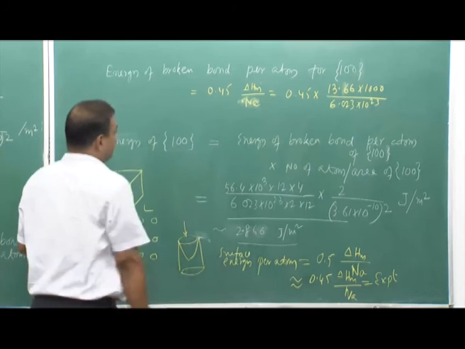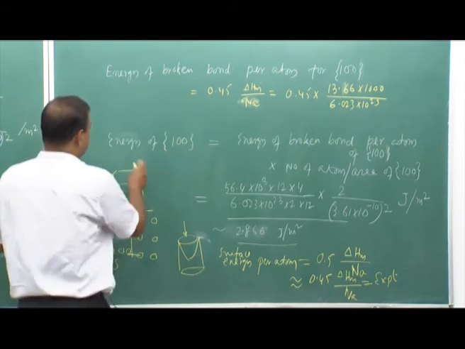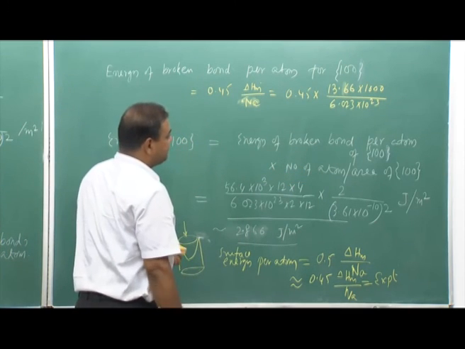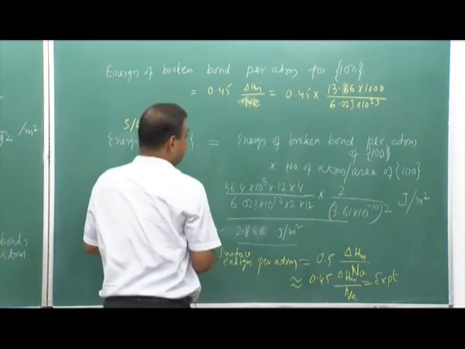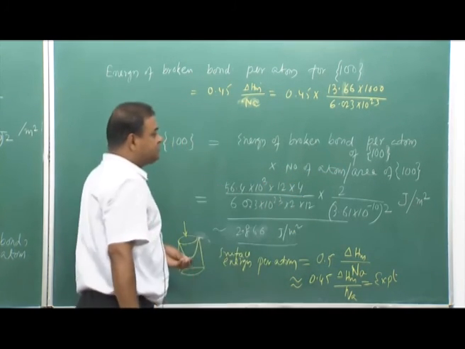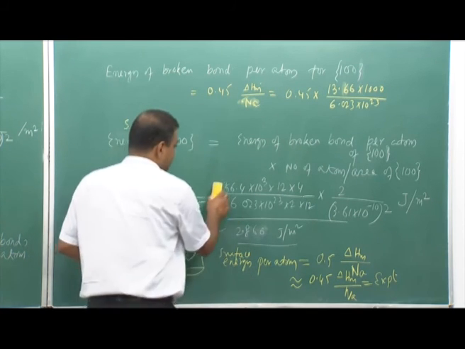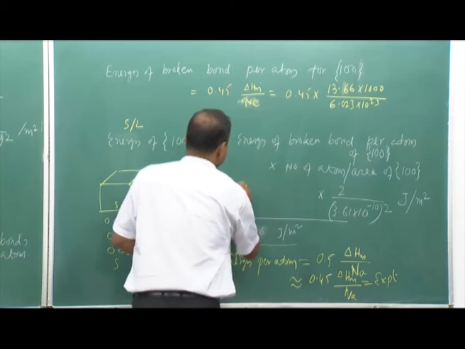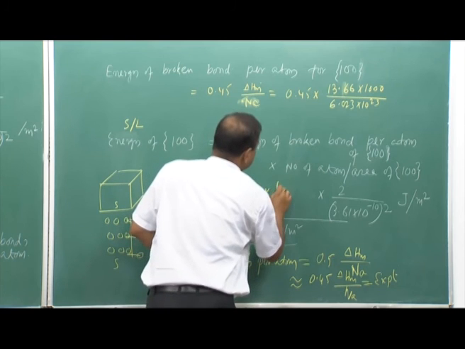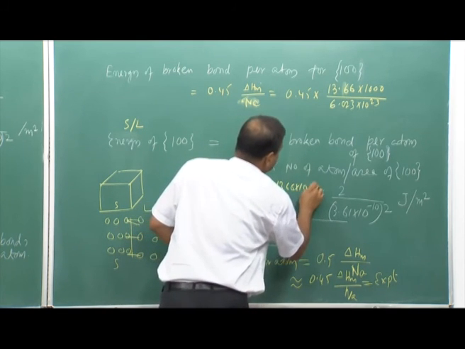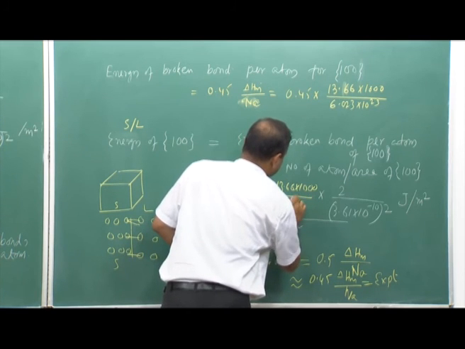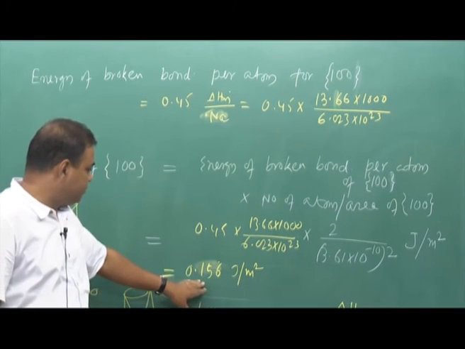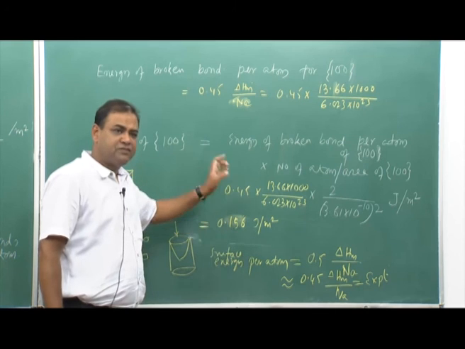So, the energy of the 100 plane, in this solid-liquid case, would be the energy of broken bond per atom times the number of atoms per unit area of the 100 family of planes. This one would remain the same, but only the number of atoms per unit area would change. So, this would be 0.45 into 13.66 into 1000 divided by 6.023 into 10 to the power 23, and the value would come around 0.156 joule per meter square for the 100 plane.